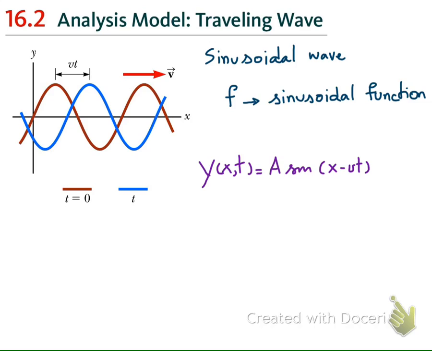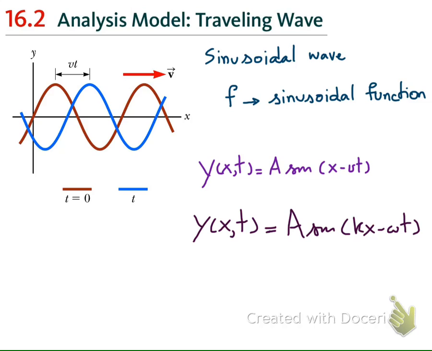However, this form of the traveling sinusoidal wave is not the form that we usually use in physics. We can write the functional form of the traveling wave in a slightly different way as A sine (kx minus omega t).